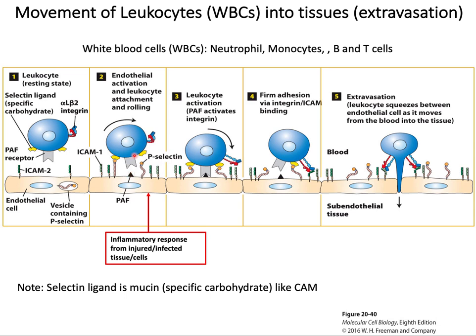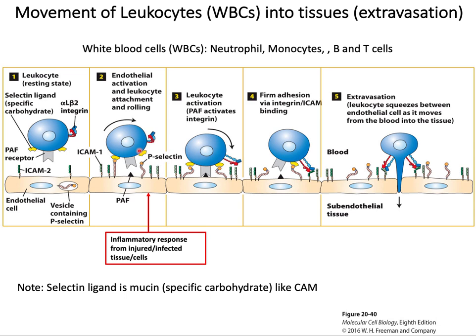When this happens, these endothelial cells are activated, and as the white blood cell flows past the P-selectin on the surface of the endothelial cells, the white blood cells will be trapped through the interaction with the mucin-like CAM, which is the glycoprotein on the surface of the white blood cell. So you end up with the white blood cell being trapped by the endothelial cells.